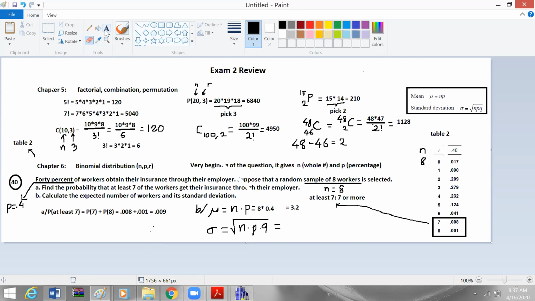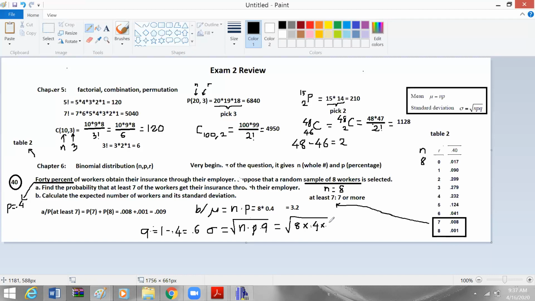So Q equals 1 minus 0.4, and we get 0.6. And then the standard deviation would be the square root of 8 times 0.4 times 0.6.